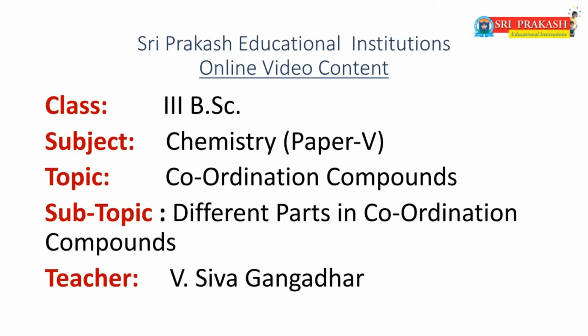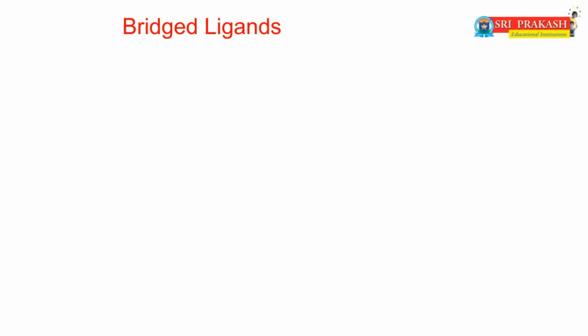Class Final BSc 5th Sem, Subject Chemistry, Paper 5, Topic Coordination Compounds, Subtopic Different Parts in Coordination Compounds. Friends, in the last session you already learned what addition compounds are and about different parts in coordination compounds.